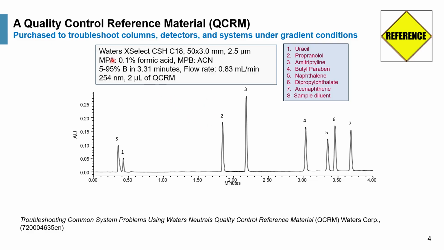It actually tells you how to make the mobile phase, which is very simple, a 3.3 minute gradient at a flow rate of 0.83 using 2854, and you inject 2 microliters of QC reference standard. So this type of test can be run very rapidly to check out the precision, can check out a lot of the problems from the pump, and let you diagnose it under gradient conditions.